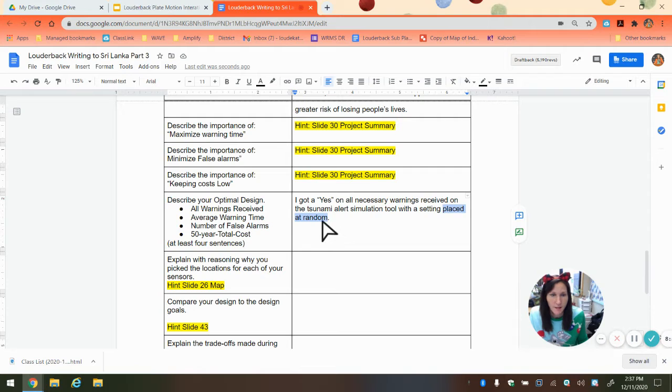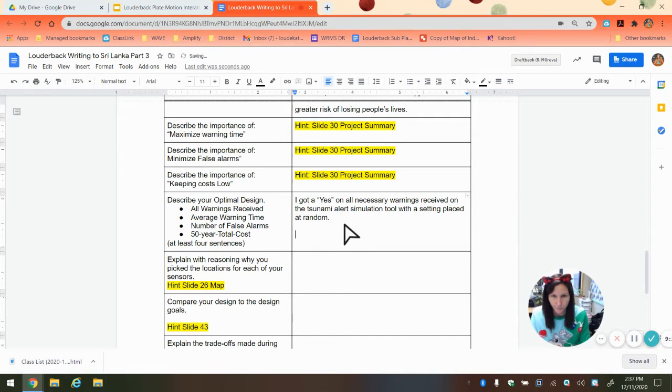By placing it at a random setting where the earthquakes went off randomly, we couldn't predict where it was happening, which was true to real life. We don't know when an earthquake will take place. We don't know where it'll take place or if it'll be strong enough to cause a tsunami.